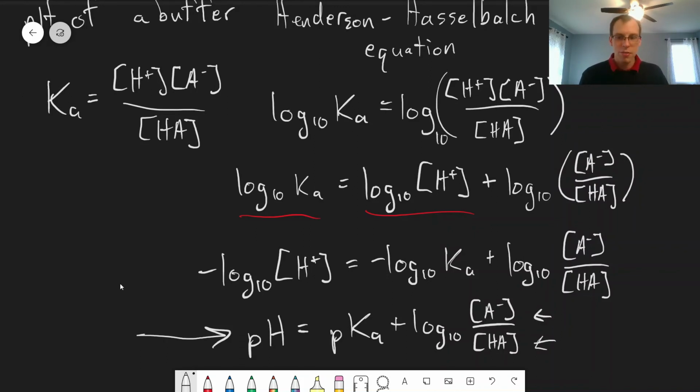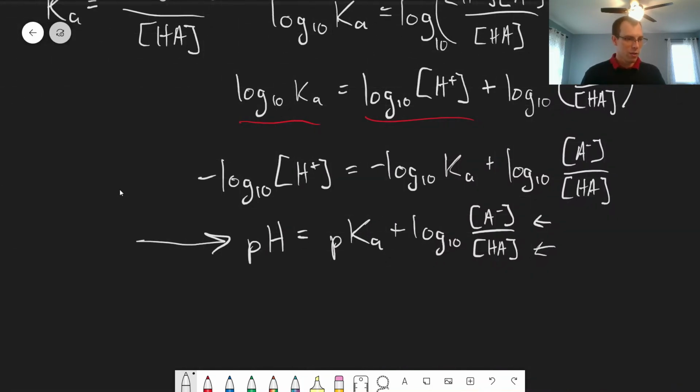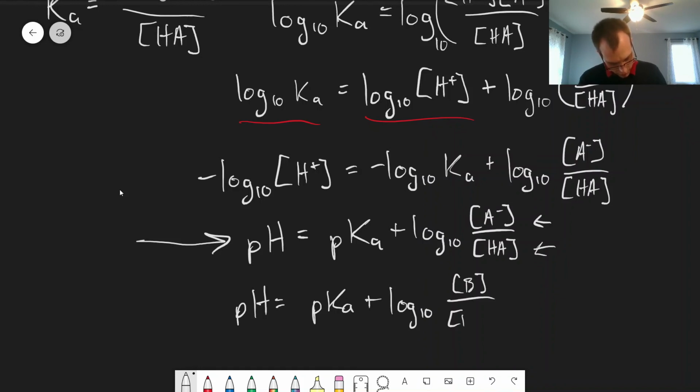We can rewrite this also in terms of a base, so we can say pH is equal to pKa plus log base 10 of concentration of B over concentration of BH plus, and the Ka is for the conjugate acid that goes into this expression. All right, so in the next videos, we'll look at applying this equation.